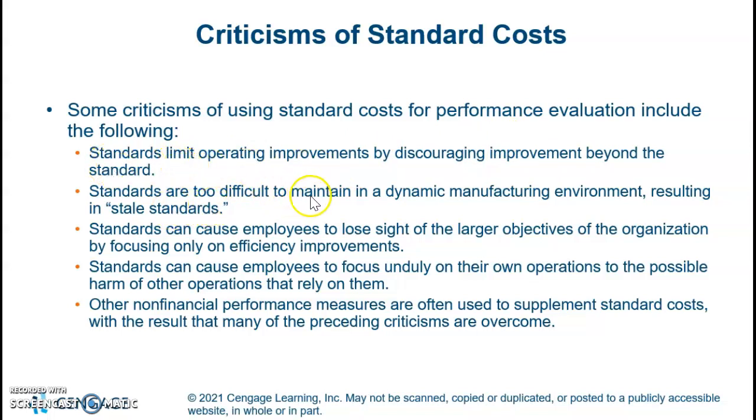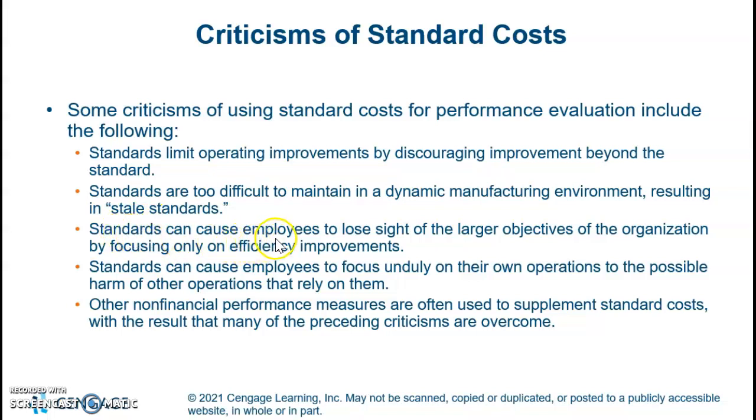Standards are too difficult to maintain in a dynamic manufacturing environment, resulting in stale standards. So if the manufacturing environment is constantly changing, it may take too much work to update the standards as quickly and as often as things are changing. And this would result in stale standards, standards that were good for yesterday but not good for today.